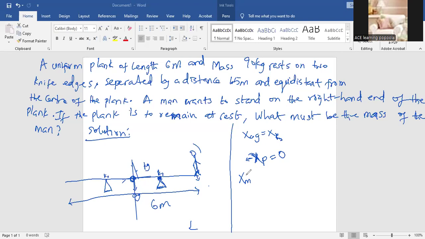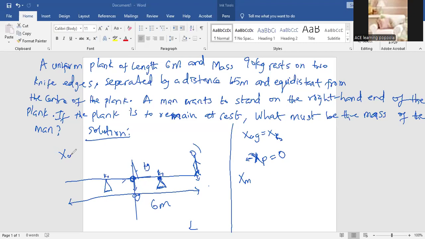Now I hope you're not confused that I'm writing X as center of gravity. If you remember, I said in the center of gravity video that center of gravity is equal to center of mass, and we determined the center of mass for particles in the X, Y, and Z components.